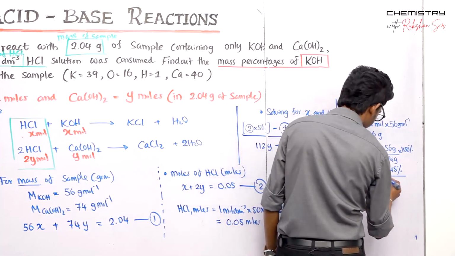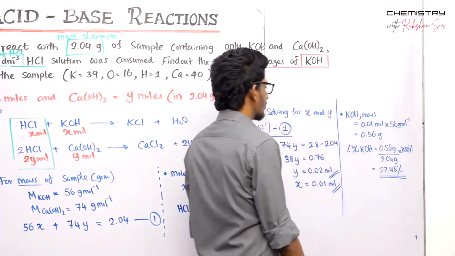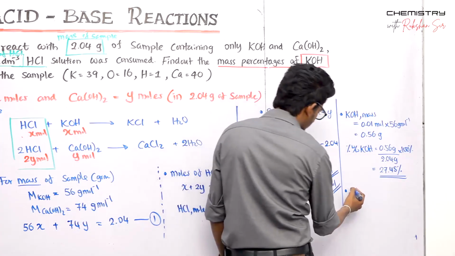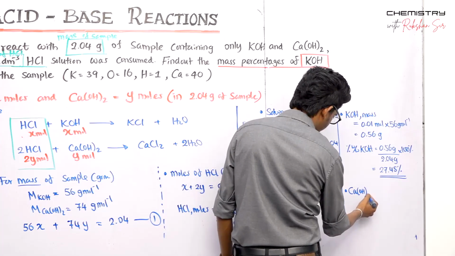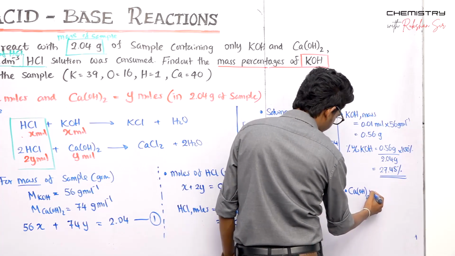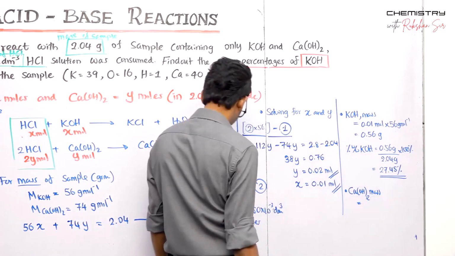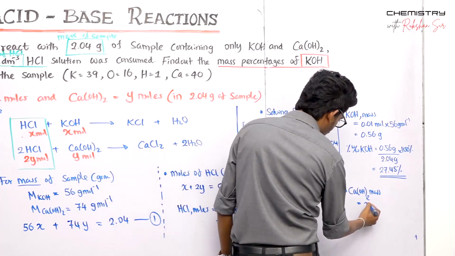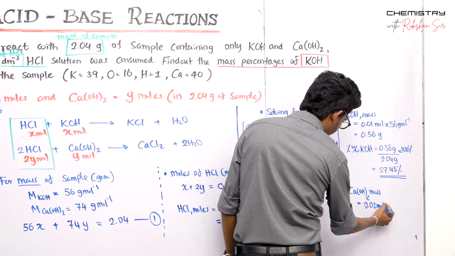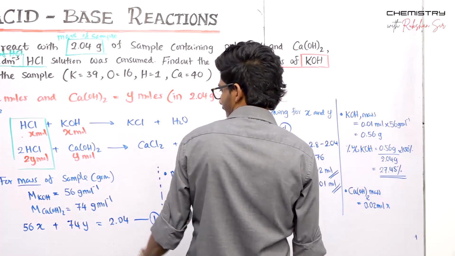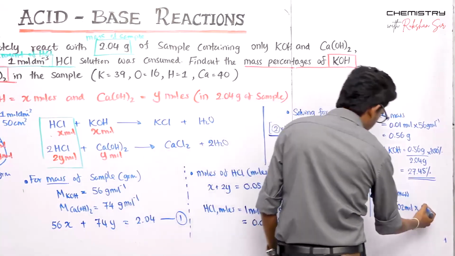Right? If you need the same percentage for the calcium hydroxide, it can also be calculated like that. The number of moles is 0.02. The calcium hydroxide g mol^-1 value is 74.